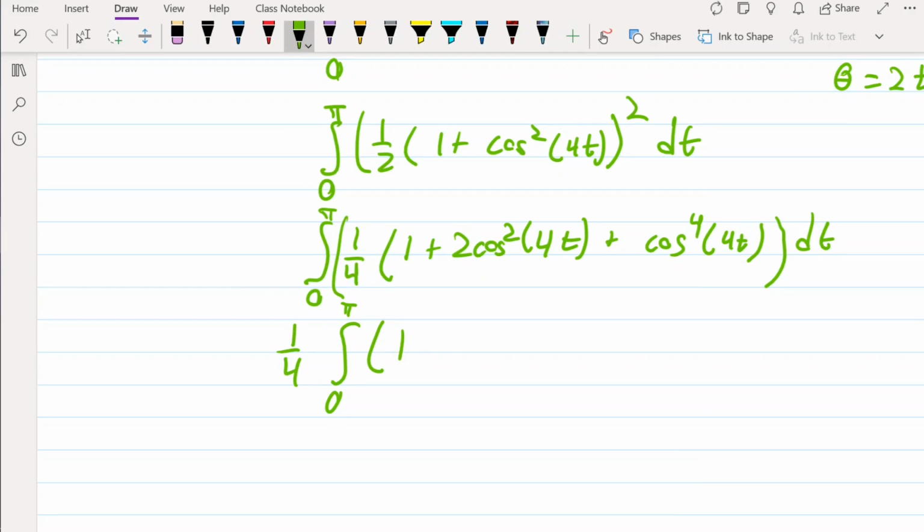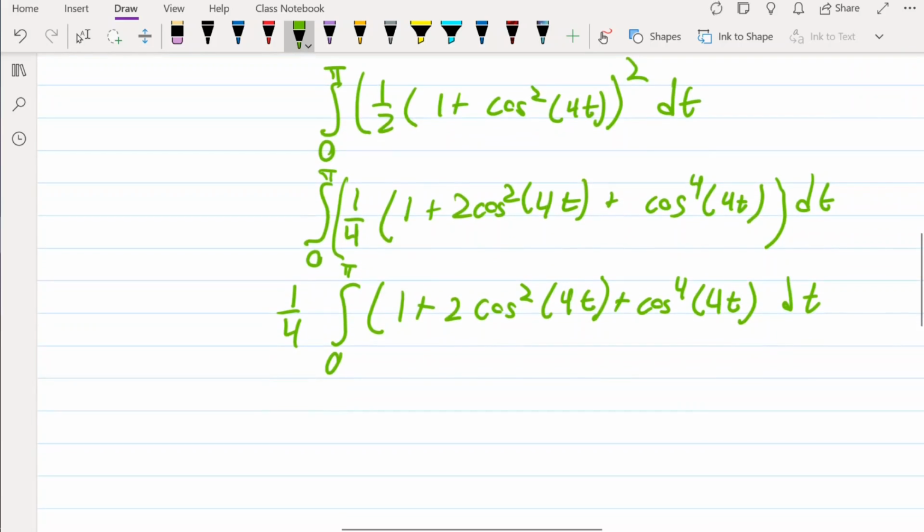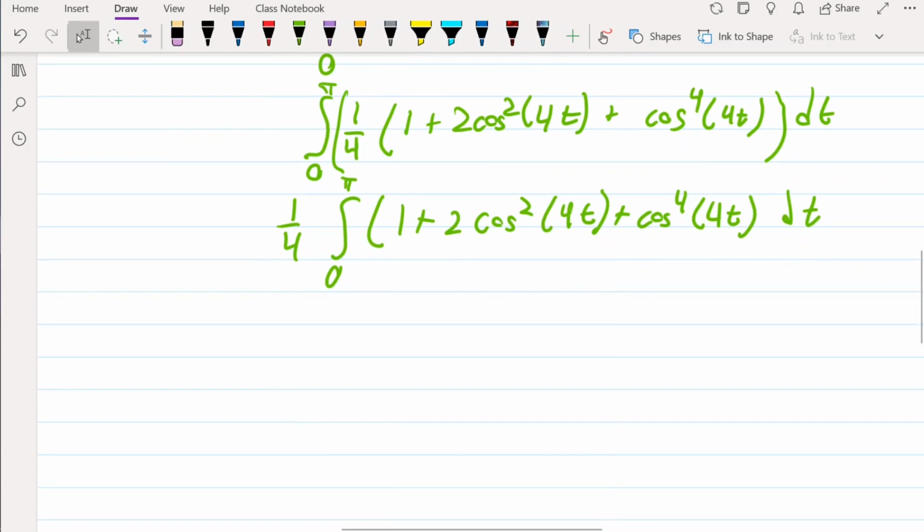Then that becomes 1 plus 2 cosine squared of 4t plus cosine 4 of 4t dt, in which it can be integrated. But first, this and this must be broken off again, or must be simplified.